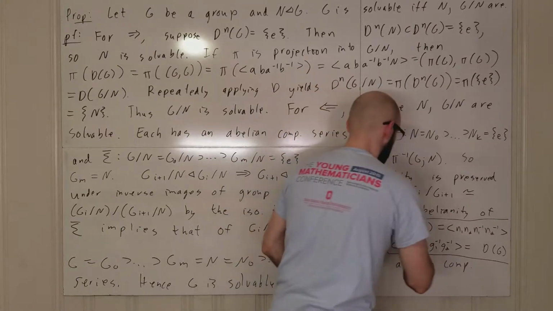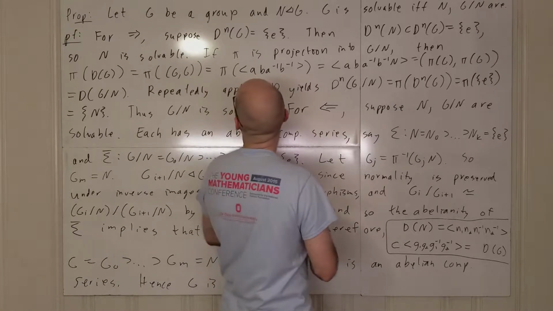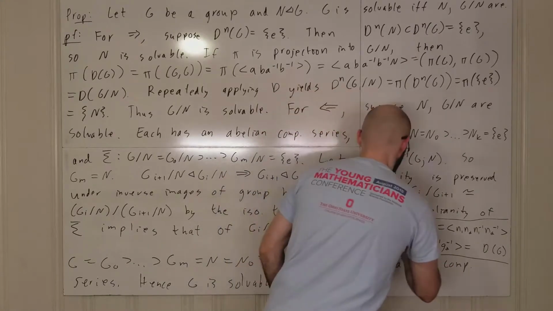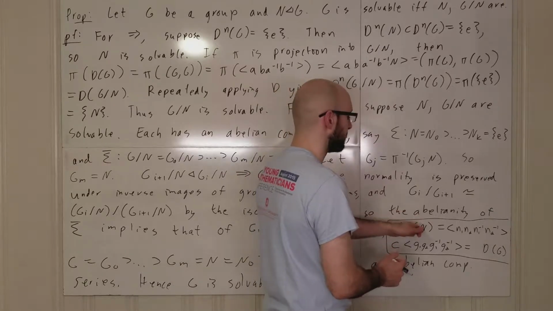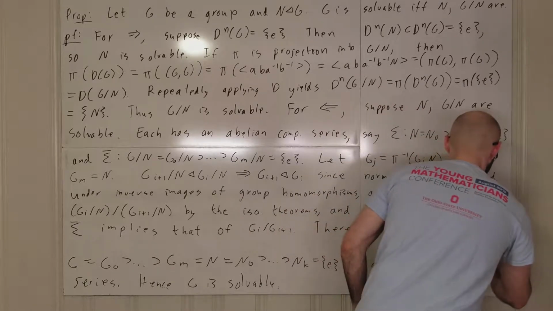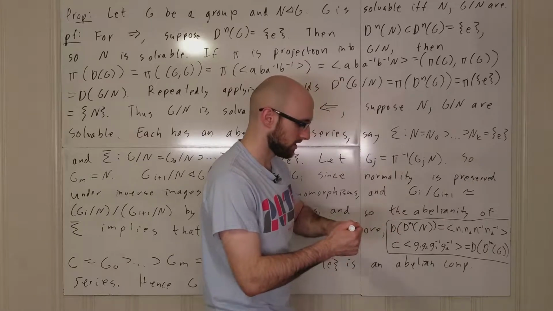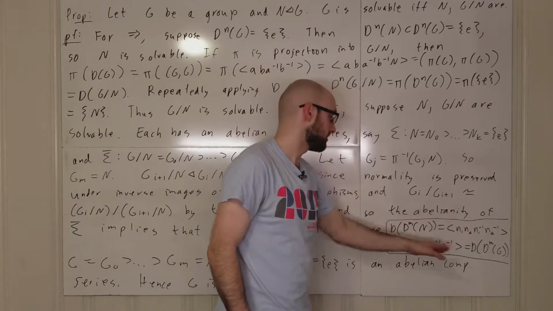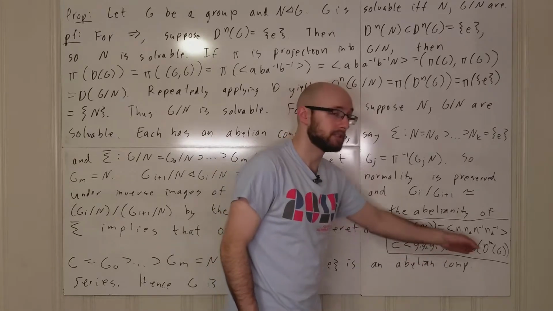But now if we induct, this is a fixed n here, so let's say m. Suppose that d^m(N) is contained in d^m(G). Then you can just raise this to the power of m and put the d there, and it's the same argument, because now we suppose that n1 and n2 are elements of d^m(N), and suppose that g1 and g2 are elements of d^m(G).